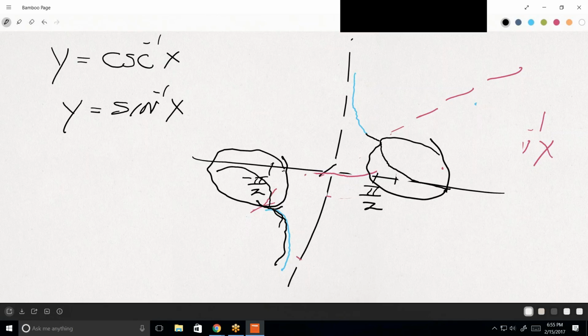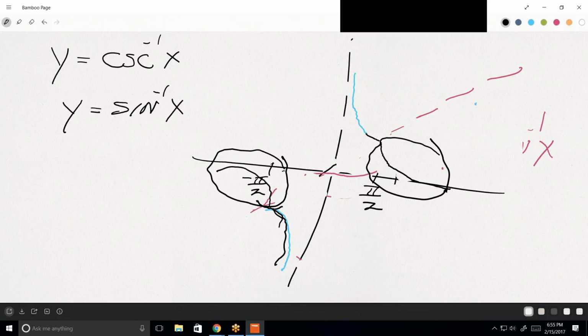It's definitely true that the domain and range switch. They always switch when you talk about inverse. Whatever the x-coordinate was becomes the y-coordinate. Whatever the y-coordinate was becomes the x-coordinate. Whatever the domain was becomes the range. Whatever the range was becomes the domain.